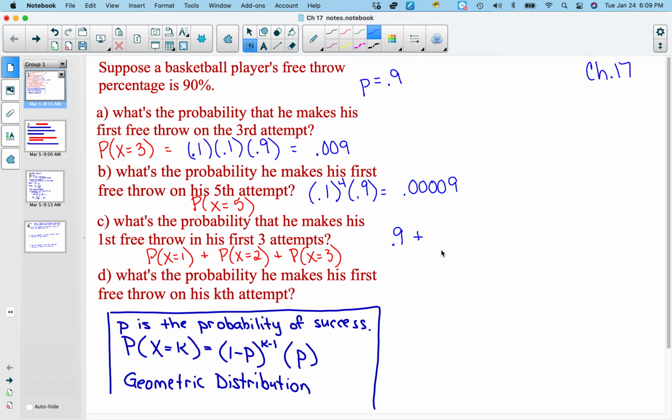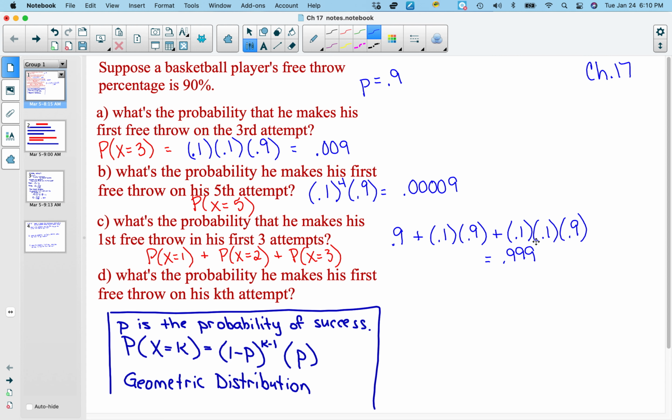Plus, the probability he makes it on the second one, well, that means he misses the first and makes the second. Or, so I'm adding, he makes it on the third, which we already figured out here. So this is 0.9, this is 0.09, this is 0.009. If you add those together, you're going to get 0.999, and that would be the probability that he makes it in his first 3 attempts.